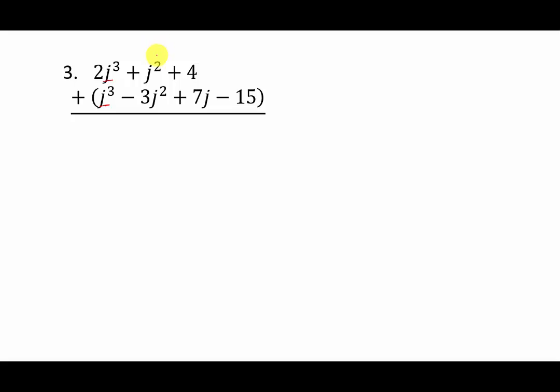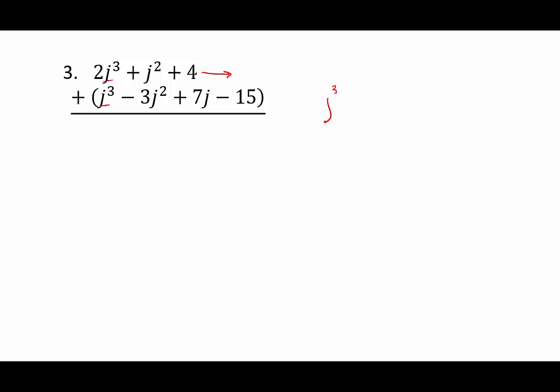Okay, and same thing with my next term, j squared. Okay, again, I have this j squared underneath it. And just keep going through. Here's a plus 4. Under it though, there's this plus 7j, so something's not lined up. Okay, because this 4 matches this minus 15. So I need to move it over here. I'm going to rewrite this problem out so that everything lines up neatly.